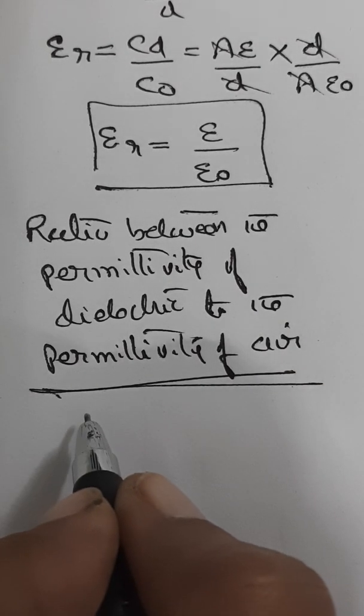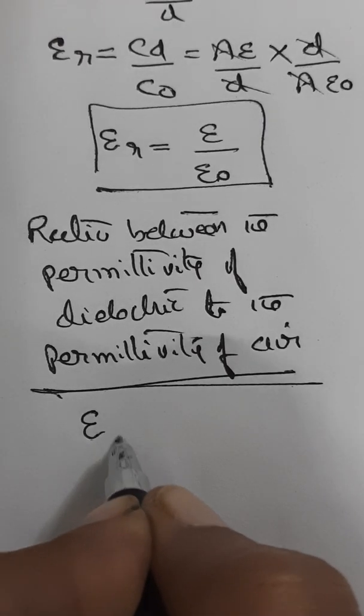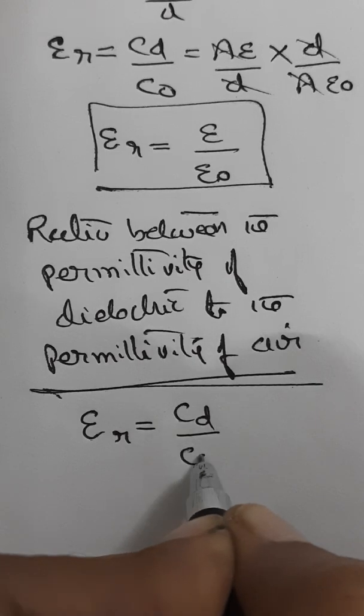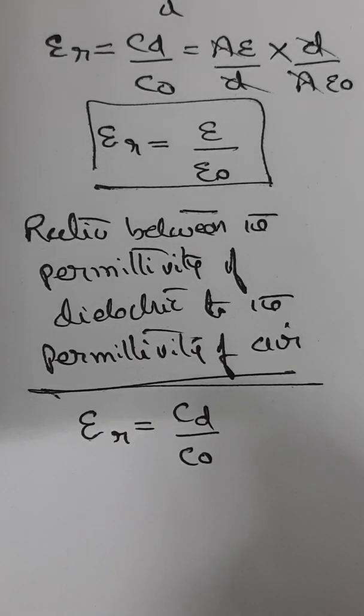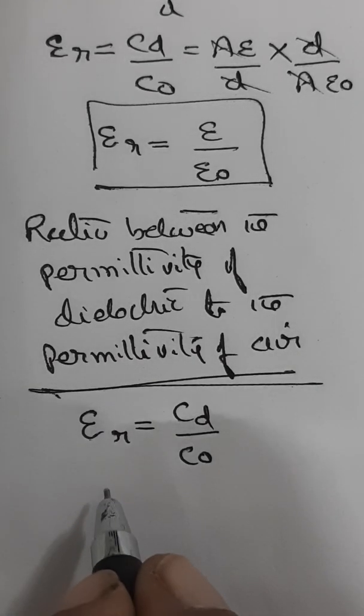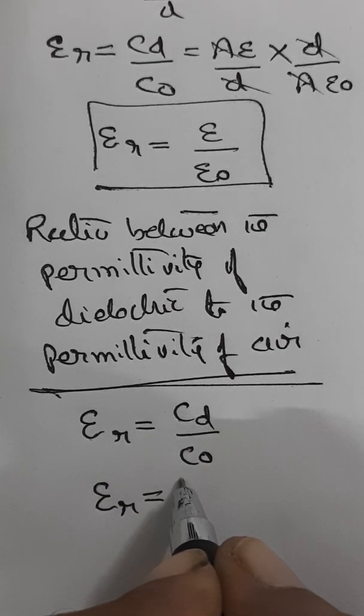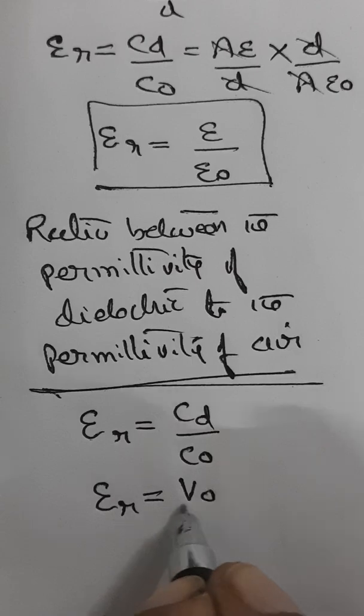Let me summarize. The basic equation we have taken is epsilon r equal to CD by C naught. That is one equation we got. Now epsilon r is equal to V naught by Vd.